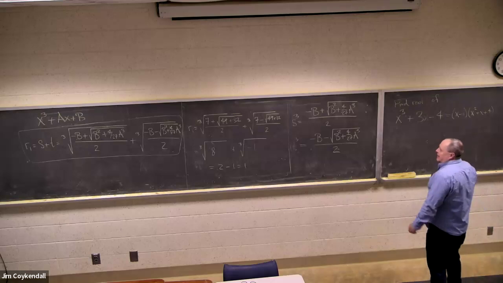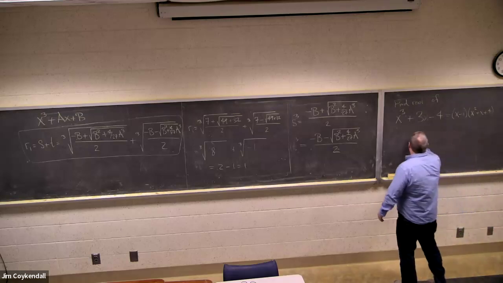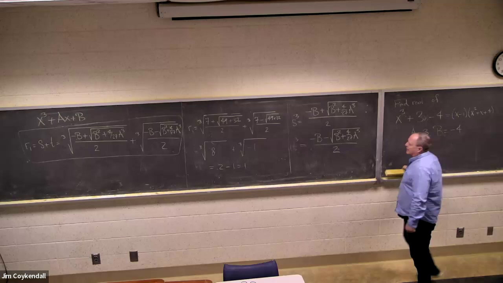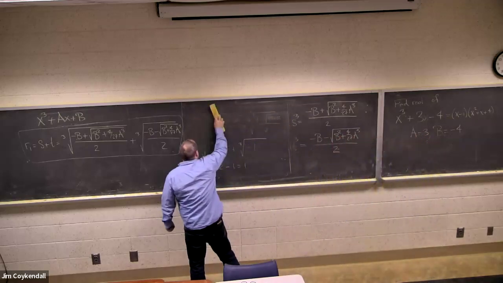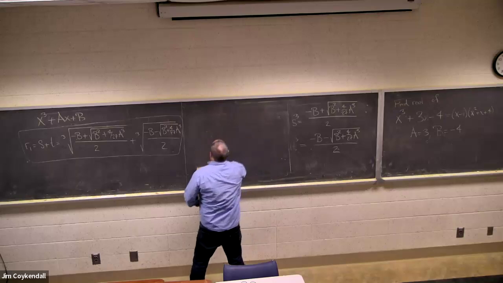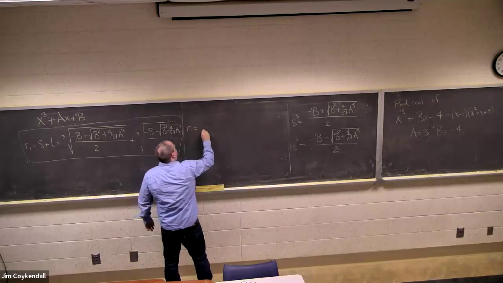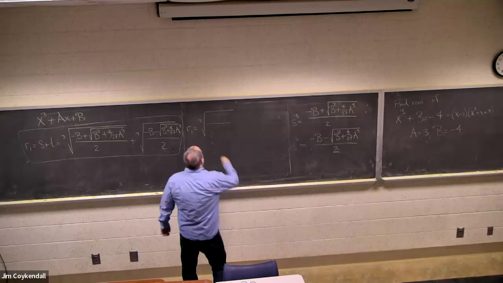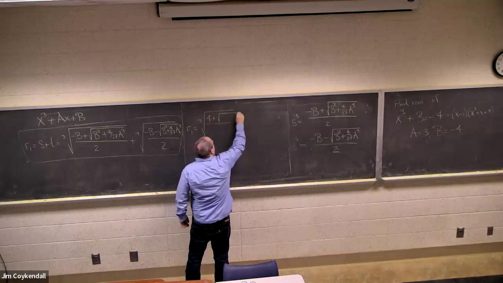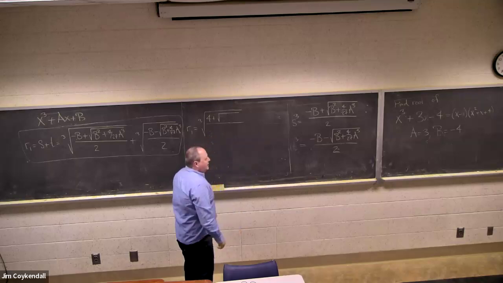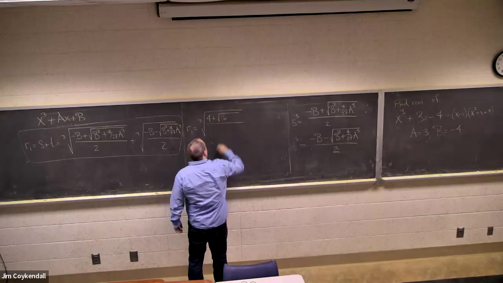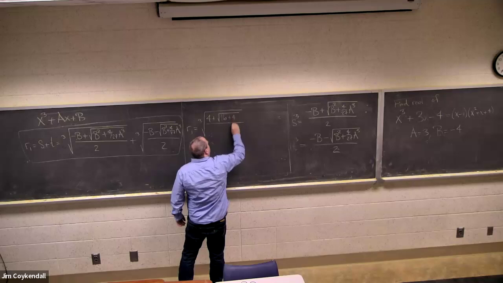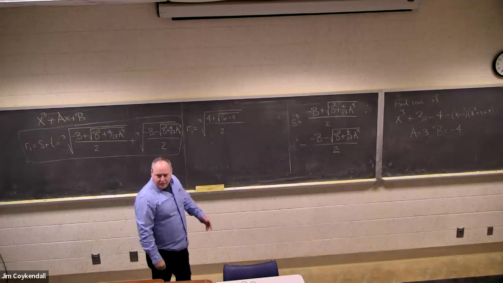So when you put this in the formula, here we have A is 3, B is negative 4. Then what do I get now? Well, I get R1 is the cube root of negative B, which is 4, plus the square root of B squared, which is 16, and then 4/27 of A cubed, so that's going to be 4 over 2 so far.